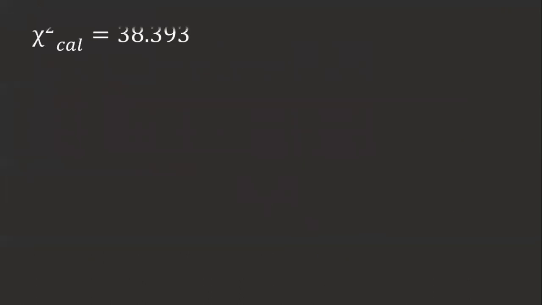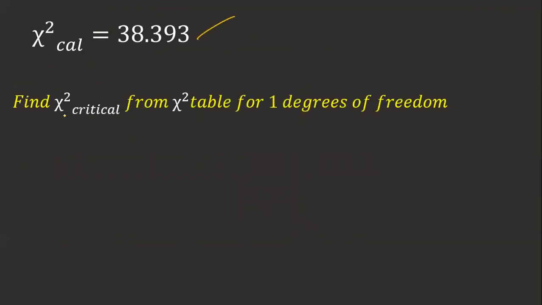Now my chi-square calculated value is this much. The chi-square critical value from the table for 1 degree of freedom is 3.841; we found it from the table. I'm going to compare these two.